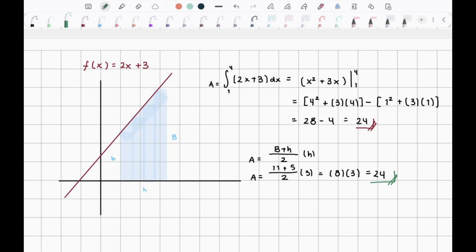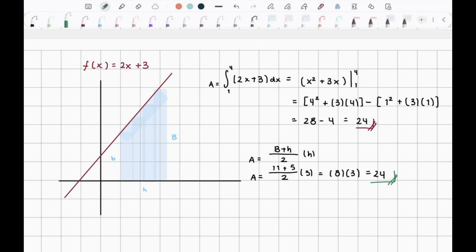It is a right angle trapezoid, and we can calculate its area as the sum of the bases, the larger base plus the smaller base, divided by 2, times the height. There is a formula for the area of the trapezoid. In this case, the larger base is here, the smaller base is here, and the height is here. And we simplify to calculate the measurements.